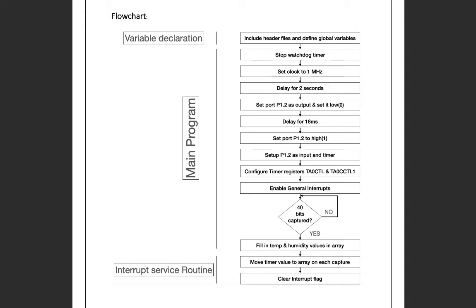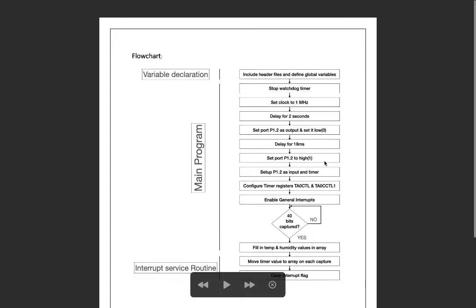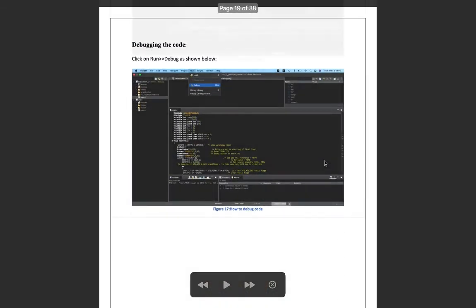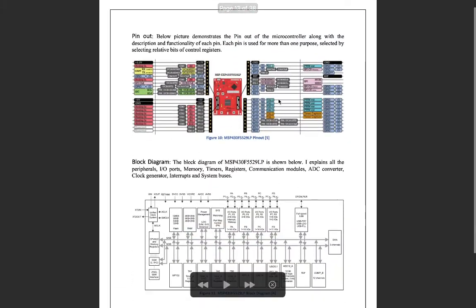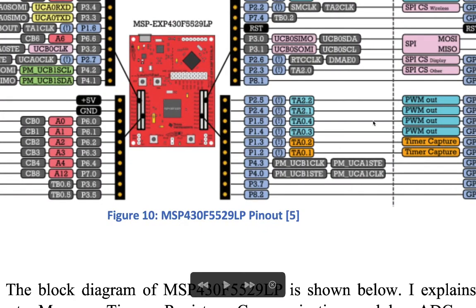Not only as an input pin, we have to configure it as a timer pin, because there are two uses of this pin. You can see here in our pinout that this pin is a multifunction pin.